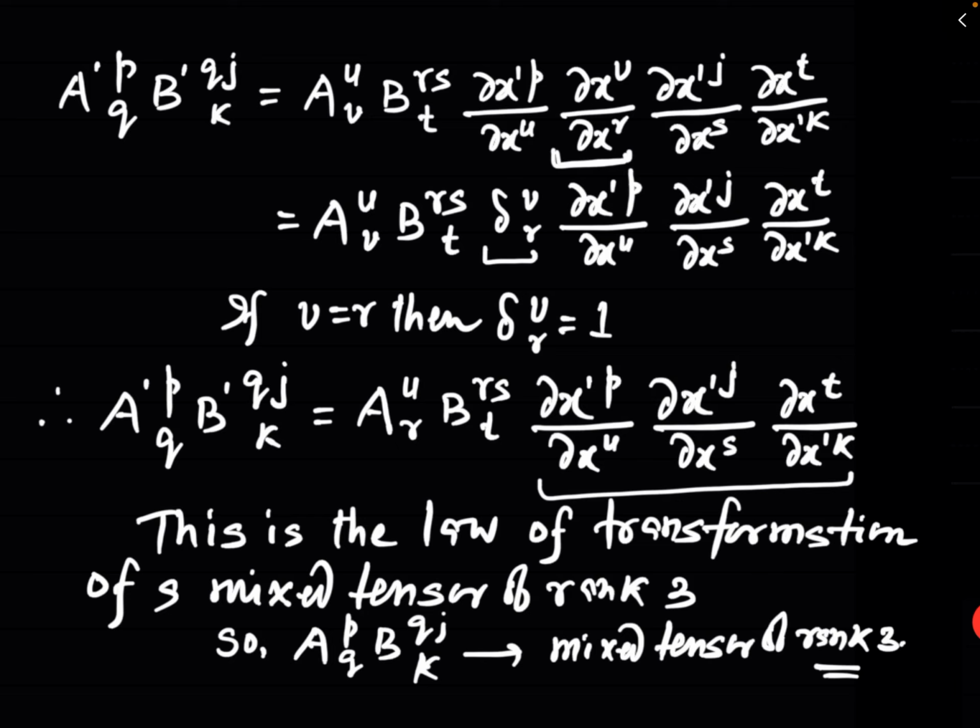Like those properties, the inner product of two tensors is also commutative and associative. It means the inner product of two tensors obeys the commutative and associative law of algebra. But I am not explaining that. This is just a homework for you.